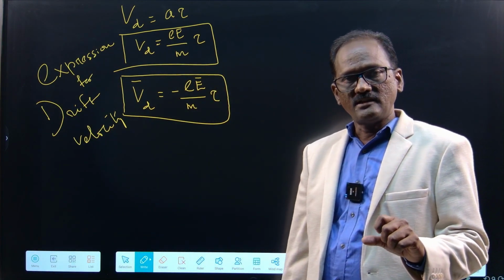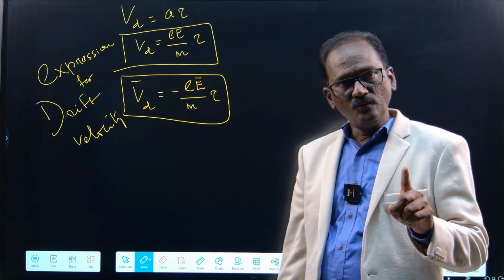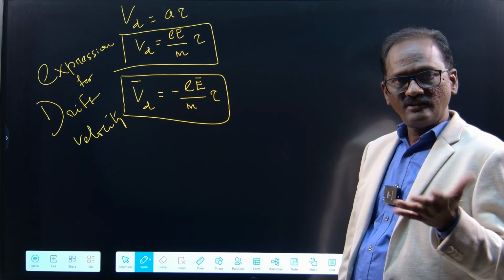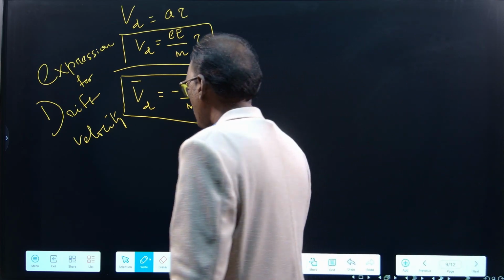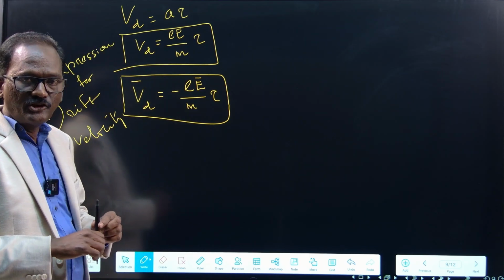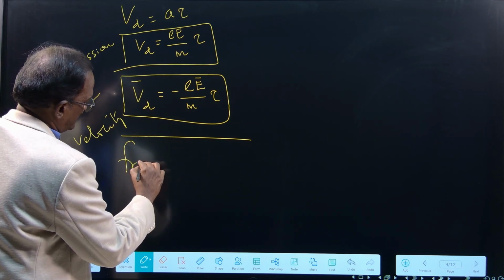Now electrons are put under some velocity, drift velocity. If they move, current is constituted. So let us find the equation for current. Before finding the equation for current, I am going to introduce one term, free electron density.